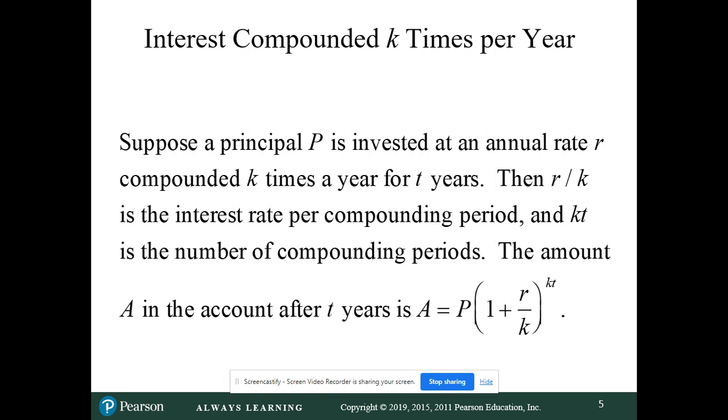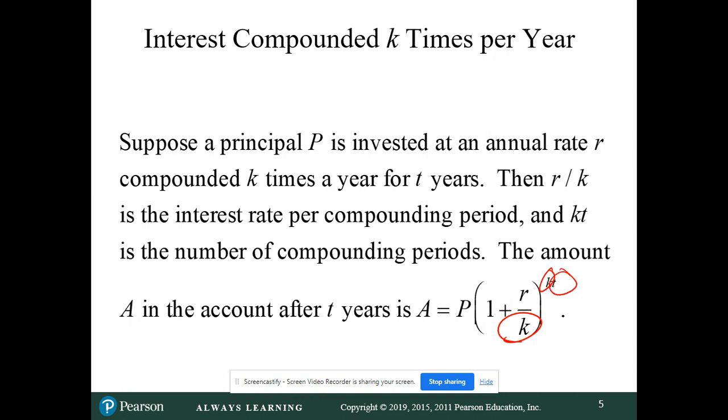Interest compounded K times per year. Now, interest isn't always compounded annually. Interest could be compounded quarterly, monthly, even daily. And then after that, even continuously. So, when we look at this, K is the number of times per year it's compounded.